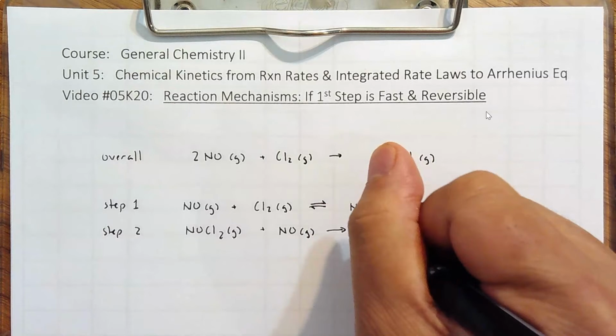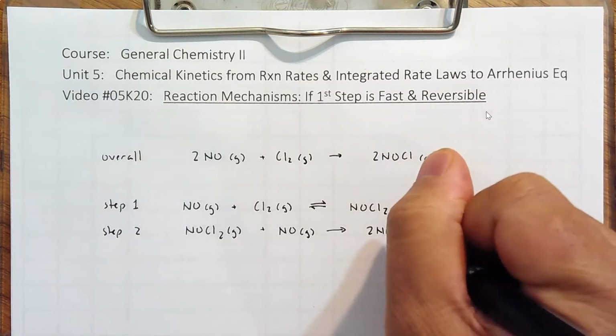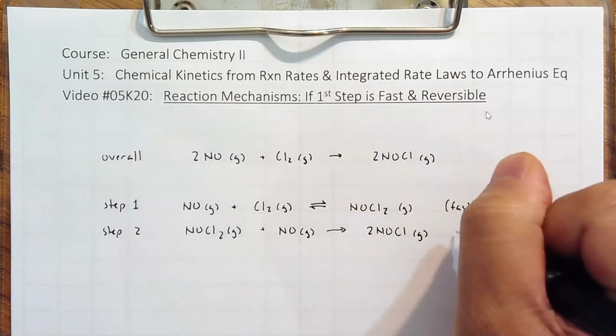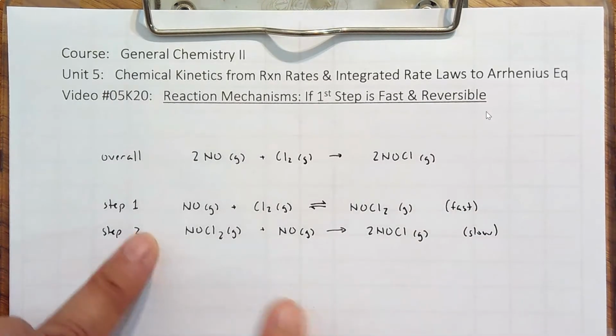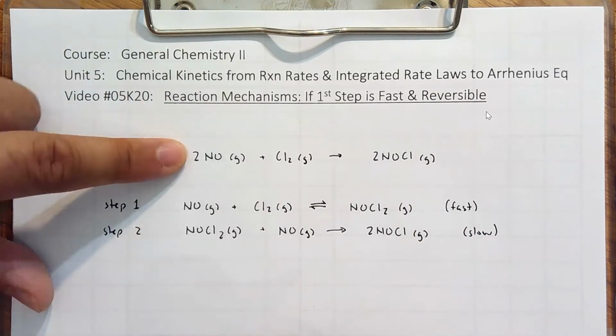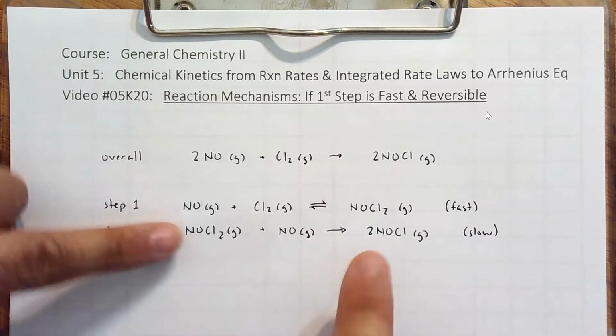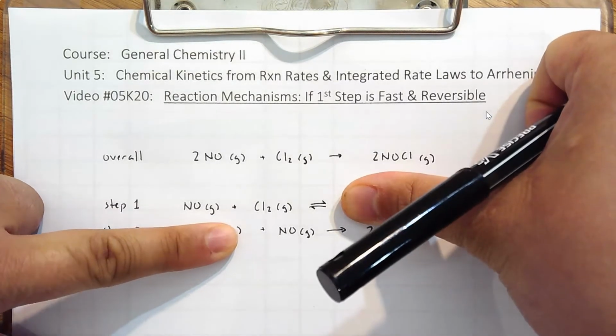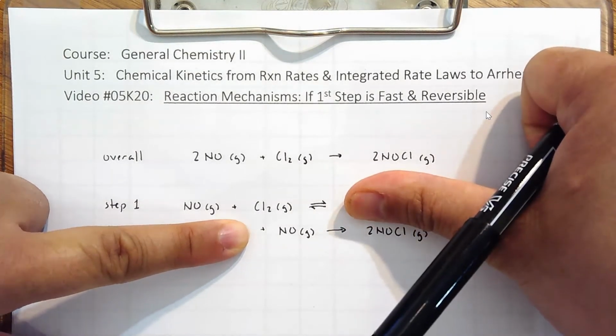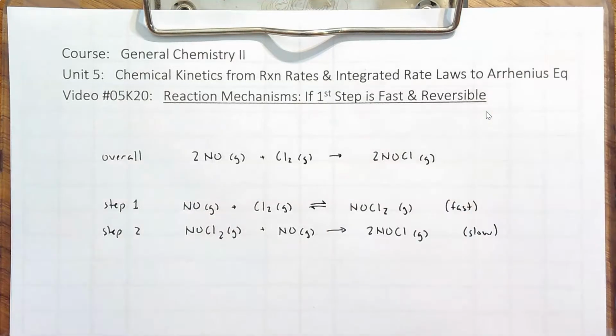This is the slow step: NOCl2 plus NO goes to 2NOCl gas, slow. And you notice that when you add these two reactions, we do get the overall reaction, I think. Those cancel out, and we have the overall reaction right there. Okay, this is a plan.